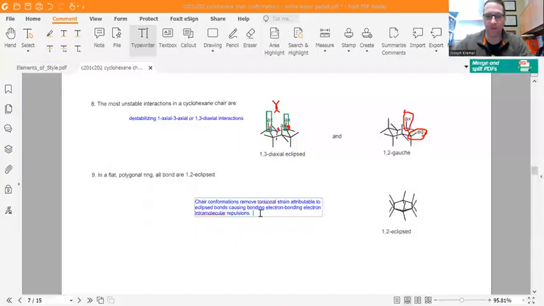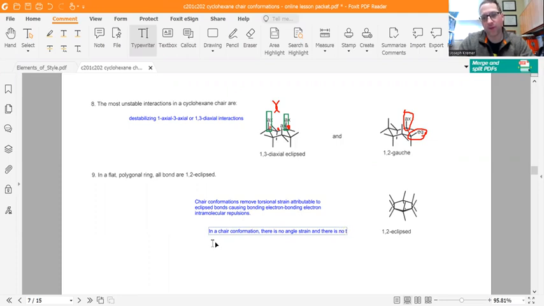And that's why chair conformations are prevalent in nature, because in a chair conformation, there is no ring angle strain, and there is no torsional strain due to bond eclipsing.